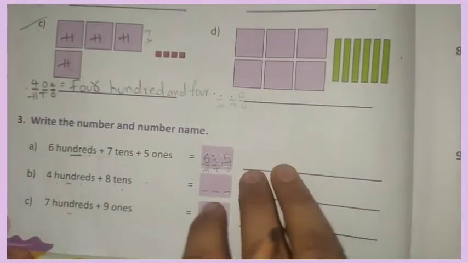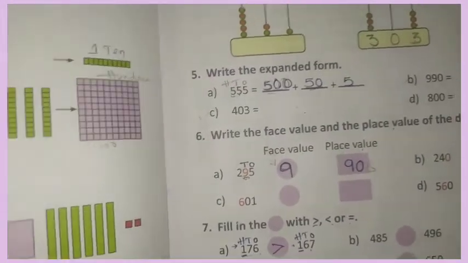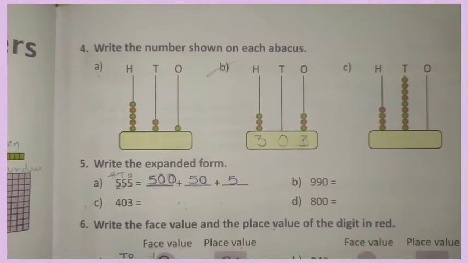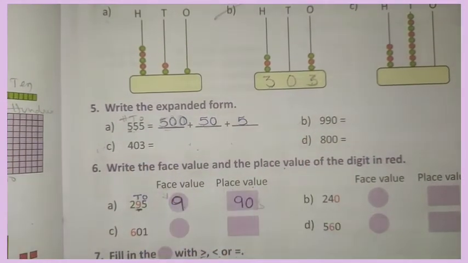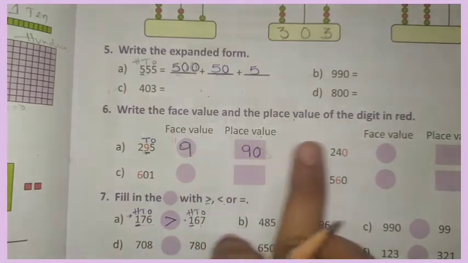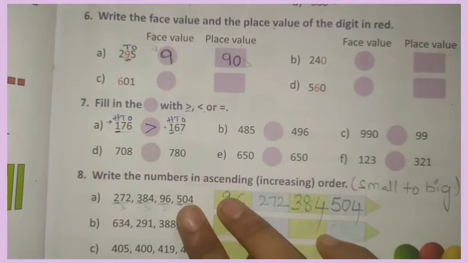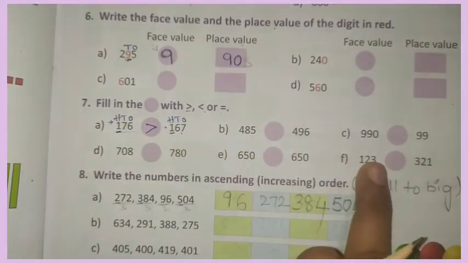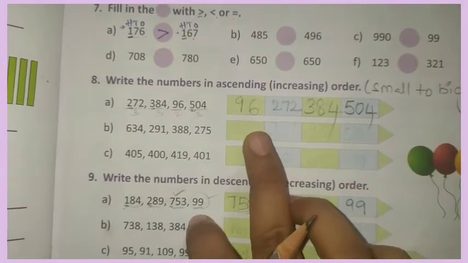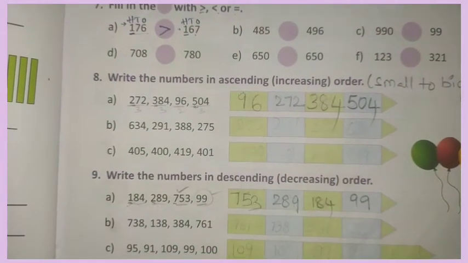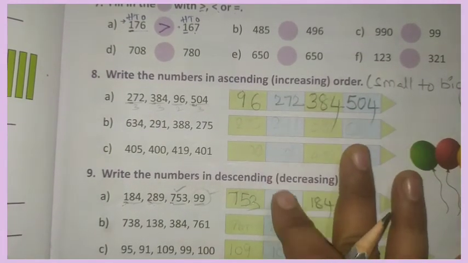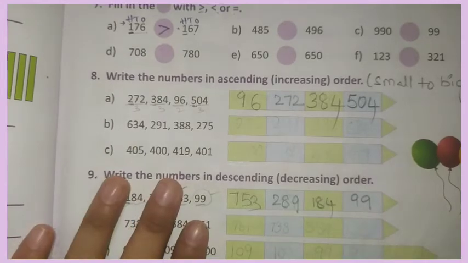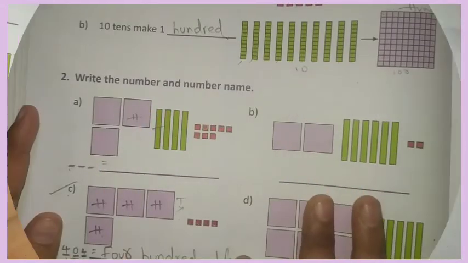Complete these 3 and here complete these 2 and write number names for it, and here complete these 2, and here in the expanded form B, C, D, and here in the face value, place value B, C, D, and here the 7th bit also B, C, D, E, F. Here for the 8th bit write this in ascending order and descending order. Complete all these bits in the textbook and send me the picture of the textbook. This is your today's homework.